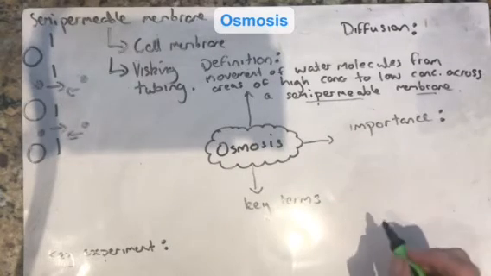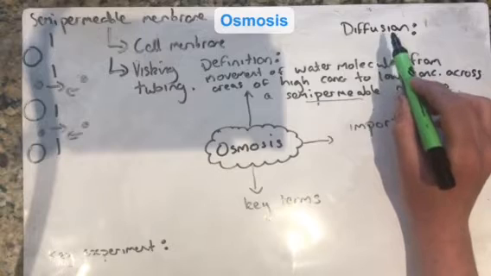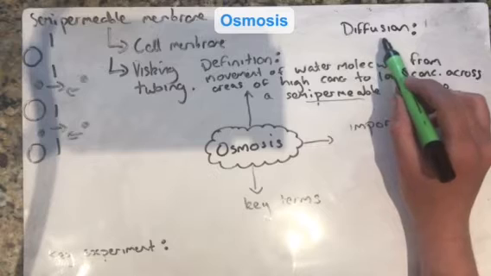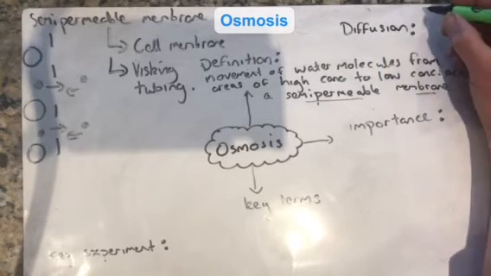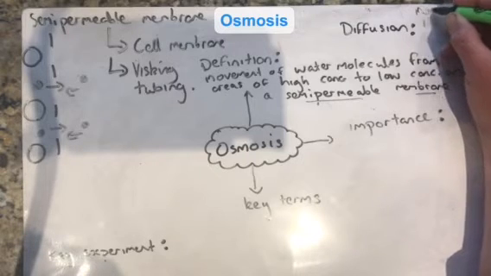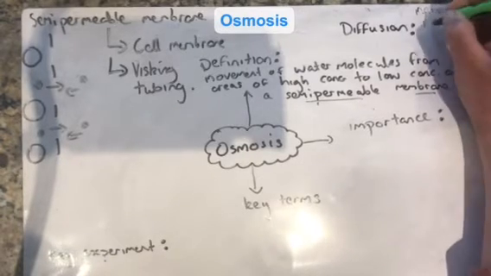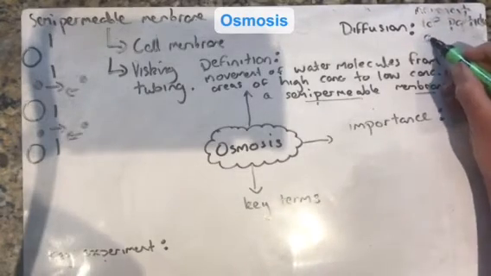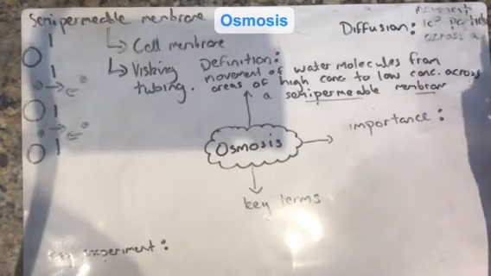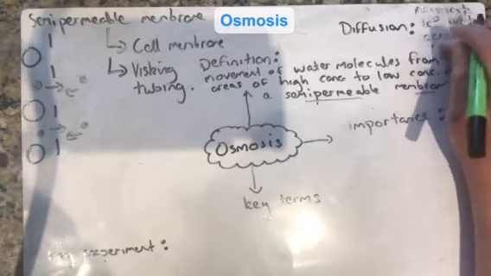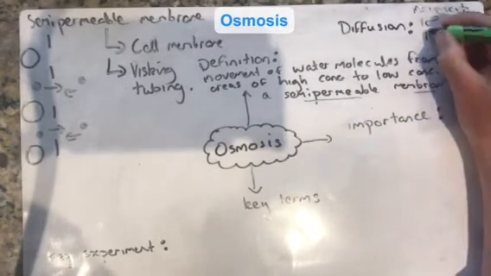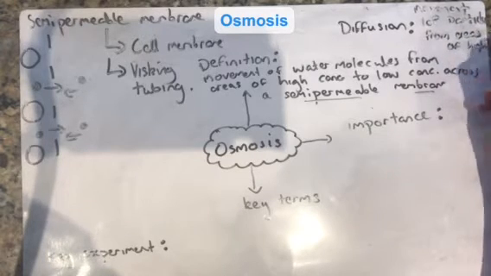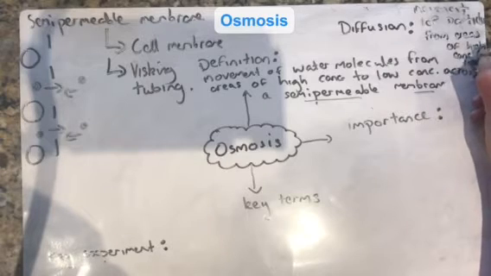Okay, so diffusion is essentially the movement of particles from an area of high concentration to low concentration, but it can be anything. It doesn't have to be water. It doesn't have to be across a semi-permeable membrane. So diffusion, movement of particles from areas of high concentration to low concentration.